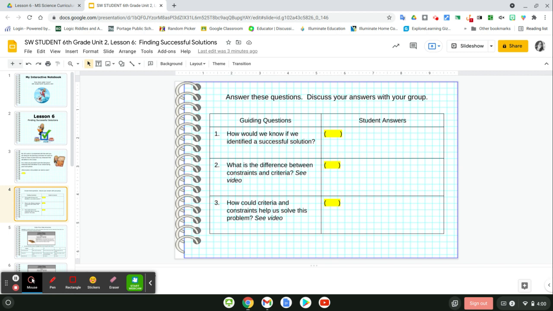Okay, so let's start with criteria. Criteria are the things that we have decided. So, for example, with the pizza place, criteria are the things that we have decided are important to us. We want to make sure that the pizza is hot.